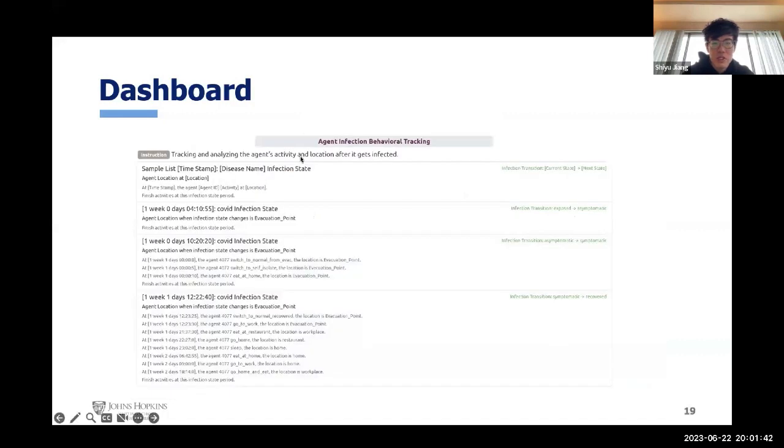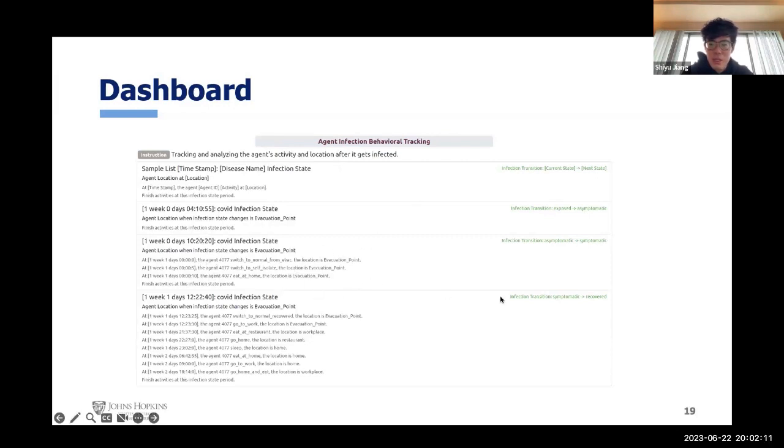And also we can track the agents' behaviors based on their different health conditions. So as we can see here, from exposed to asymptomatic, we can see all its behaviors during this period. And also from asymptomatic to symptomatic, we can track the single agent's behavior all the time.